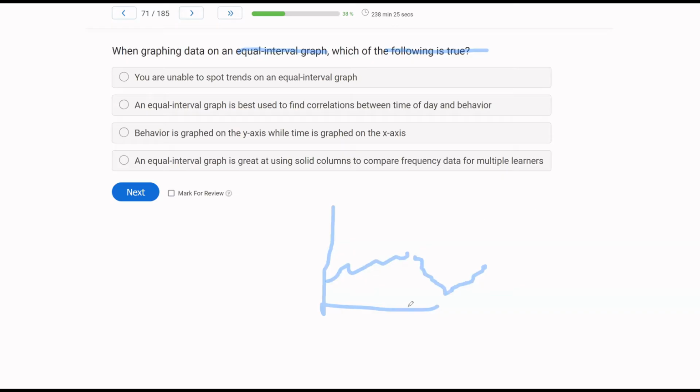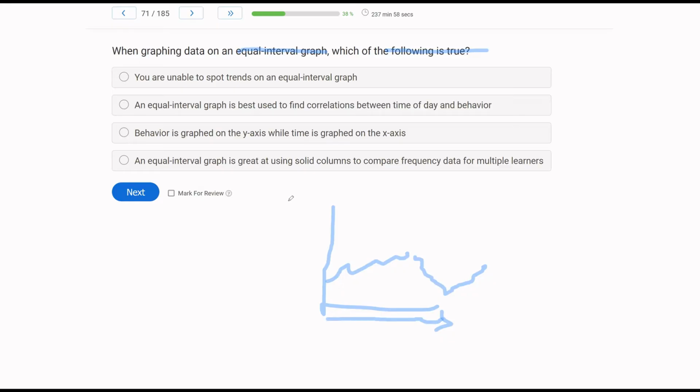Which one of our graphs is used typically to find out when behavior happens given a point in the day? Well, that's going to be a scatter plot, because with an equal interval graph or a line graph, we're typically measuring over the course of time, not necessarily at a point in time. So a scatter plot is better than a line graph at finding correlations between time of day and behavior.